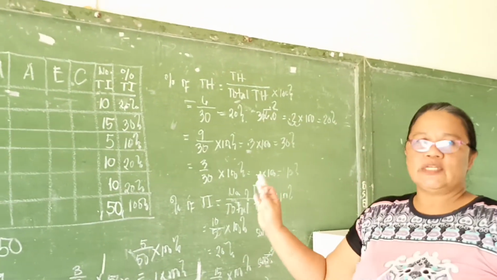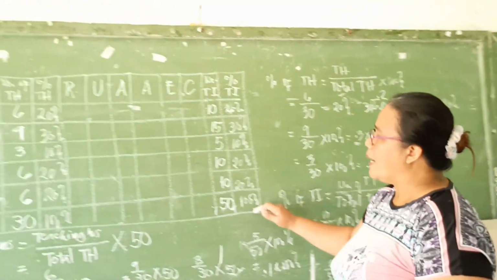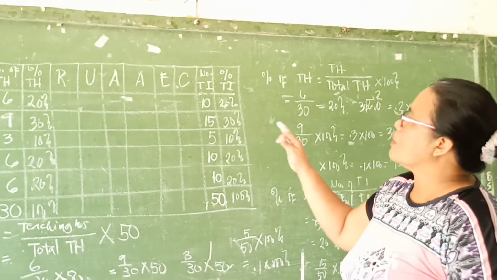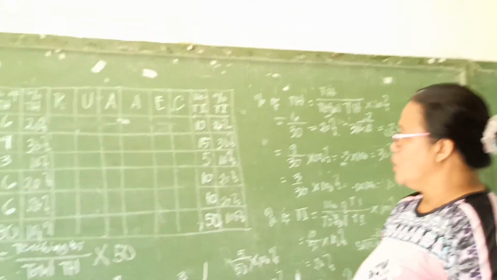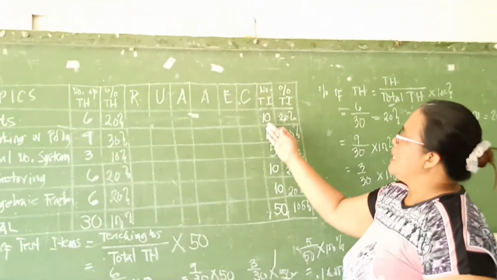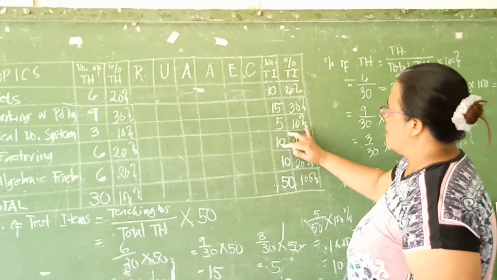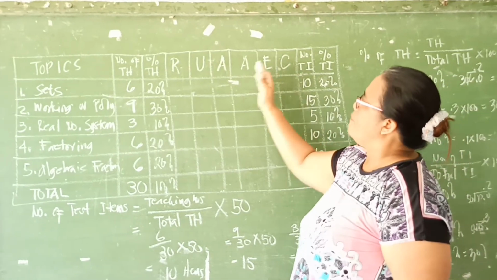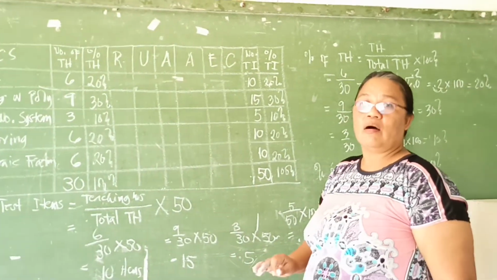Okay, so very good. We have come up with the correct summation. And after you have computed all of this, your next step now is to determine which level these test items belong to.